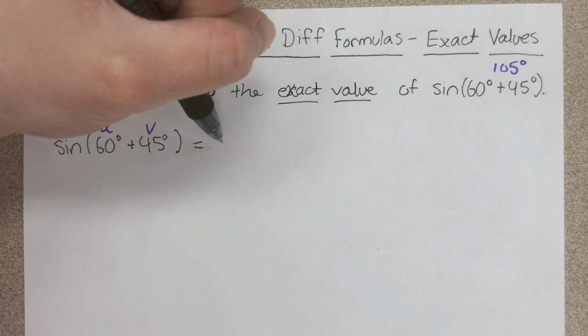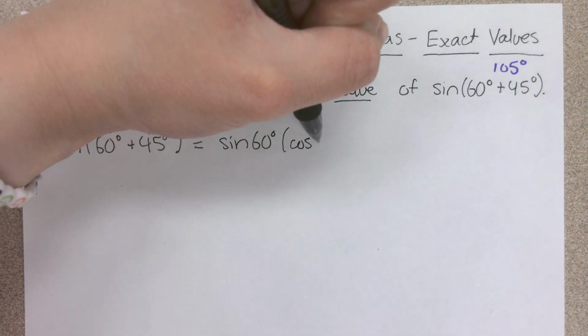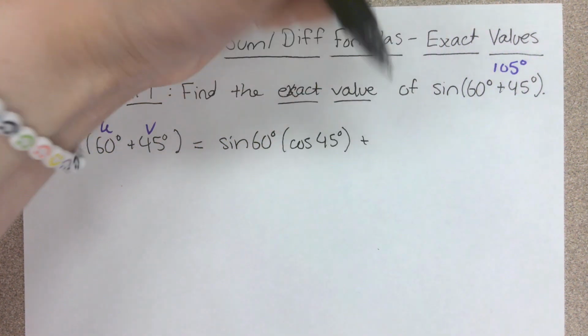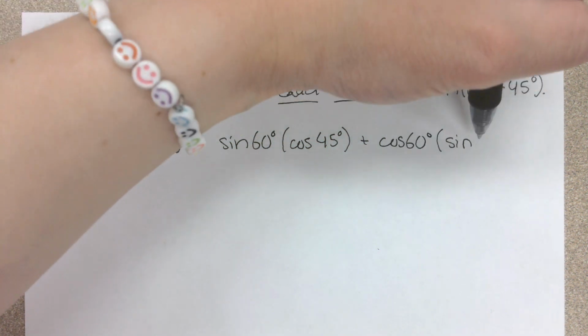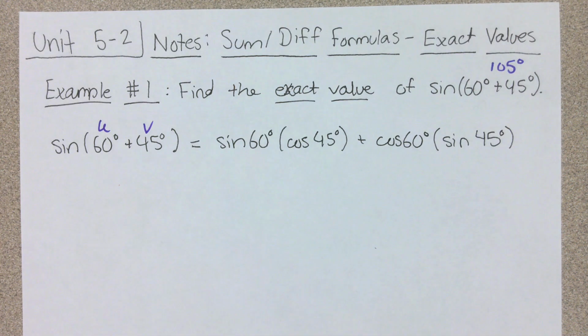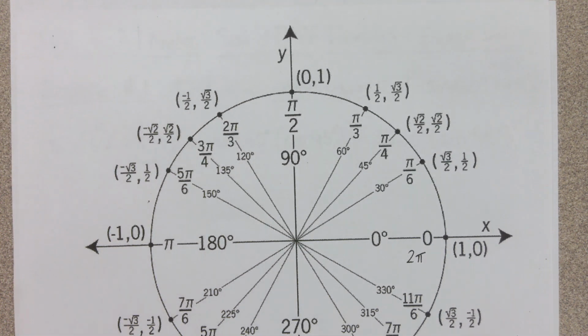And using our sum formula, we have sine of 60 degrees times cosine of 45 degrees plus cosine of 60 degrees times sine of 45 degrees. Conveniently, 60 and 45 are on the unit circle, so we can use those values to get to the exact value of 60 plus 45.